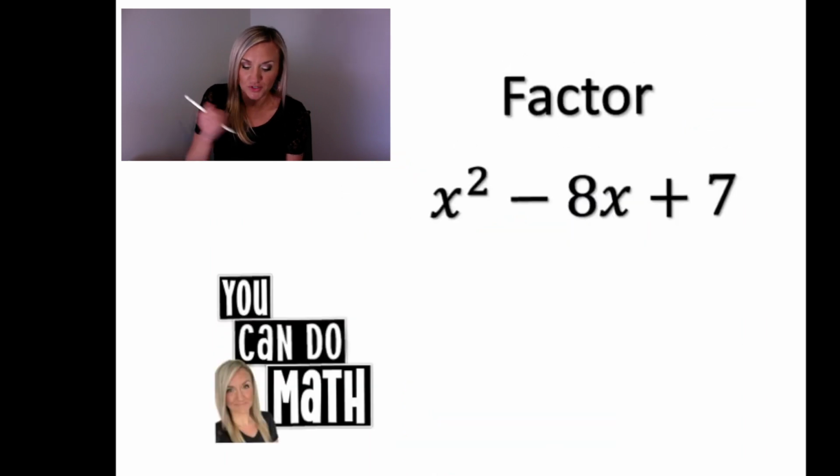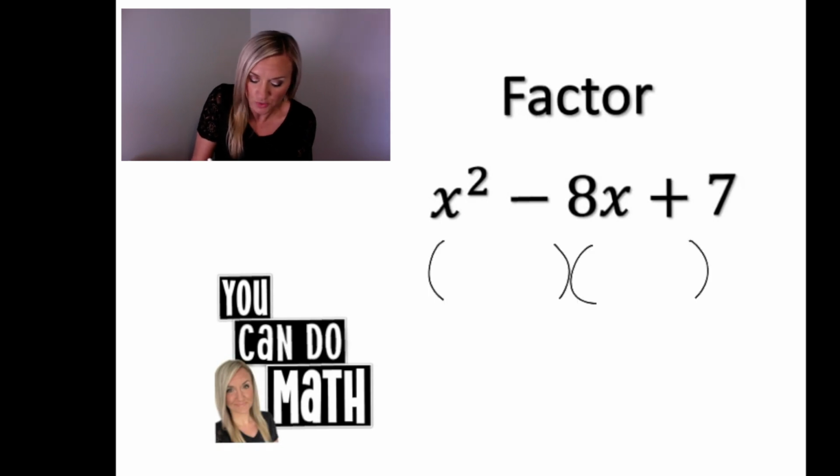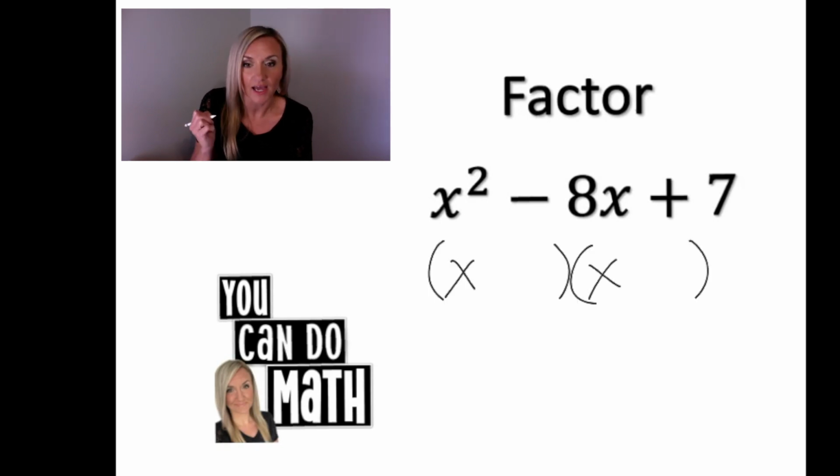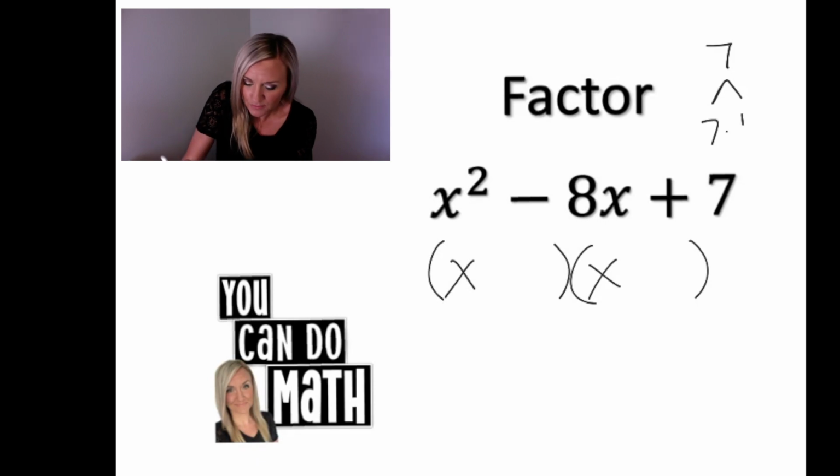All right, question number 2, here we go. We have x squared minus 8x plus 7. Right away I'm going to draw my 2 parentheses, and x times x gives me x squared. I'm going to think of all the factors of 7. It's only 7 and 1. So 7 times 1, I know those are going to work, but be careful.